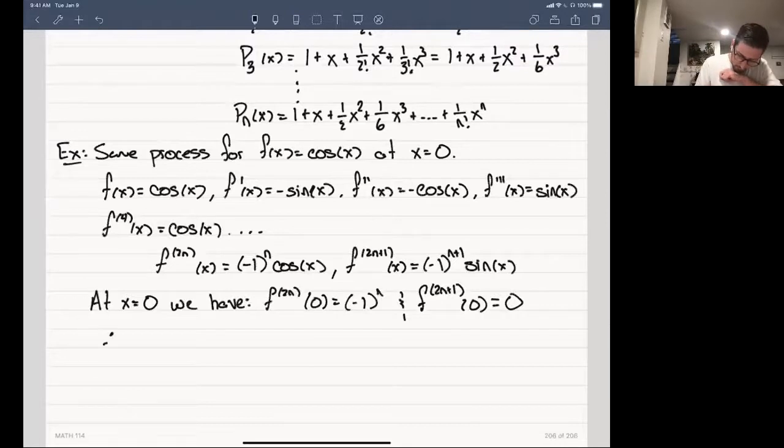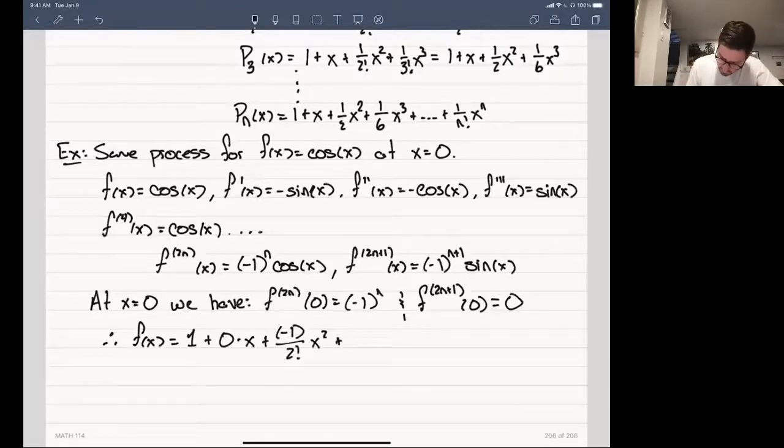So therefore, my Taylor series, f of x, is equal to, if I just write out the first few terms here, f of 0, which is equal to 1, plus f prime at 0 divided by 1 factorial, which is 0 times x, plus f double prime at 0, which is minus 1, divided by 2 factorial times x squared, plus then the triple prime, so that's an odd derivative, so that's 0 over 3 factorial x cubed, and I can keep this going.